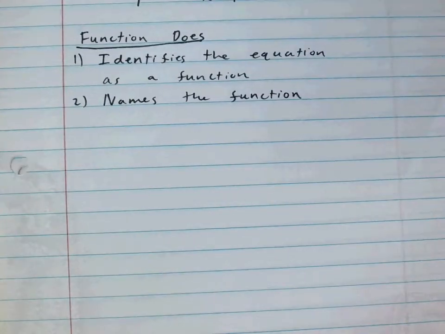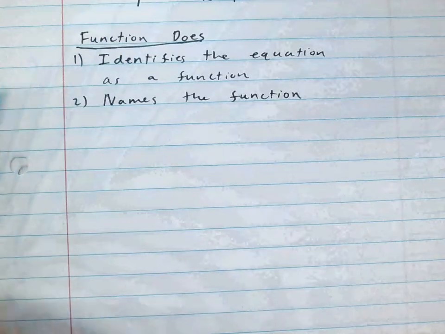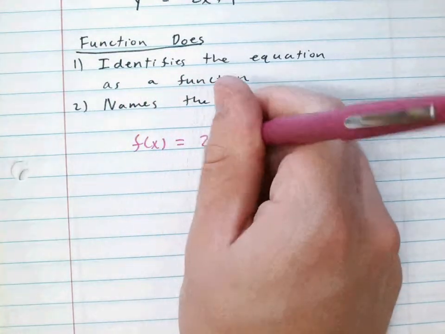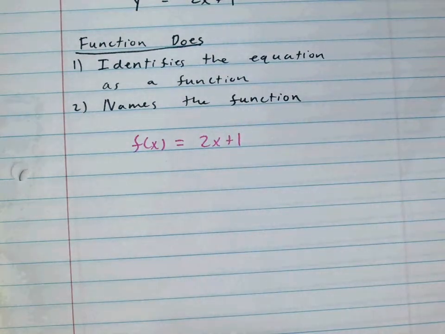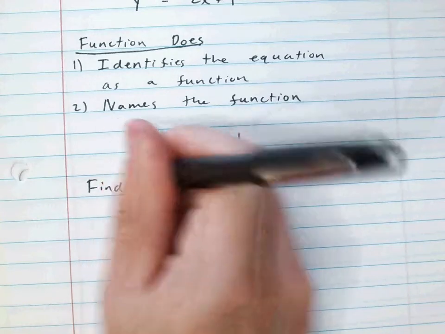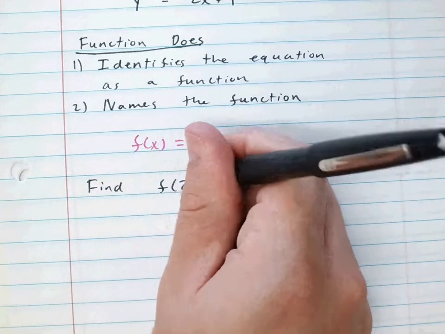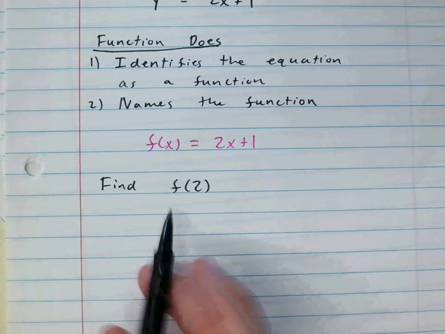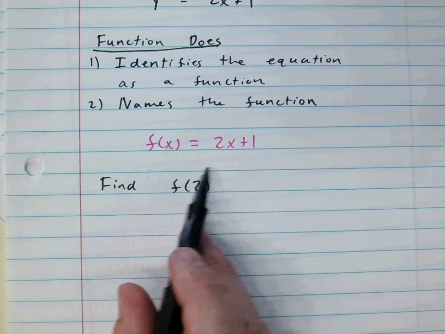Now one of the things we're going to focus on today is evaluating a function. So here I have a function. Let's stick with the one we were working with: f of x equals 2x plus 1. And what we want to do is find f of 2. Now let me talk a little bit about how to read this phrase.